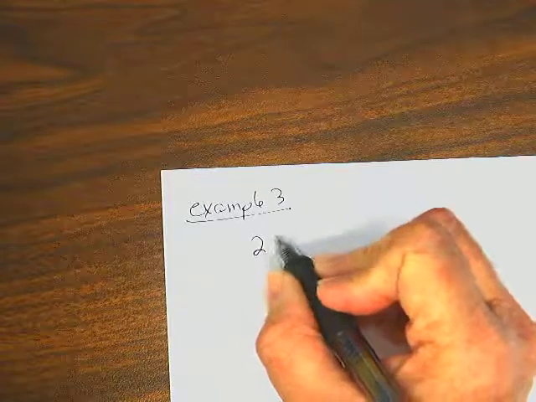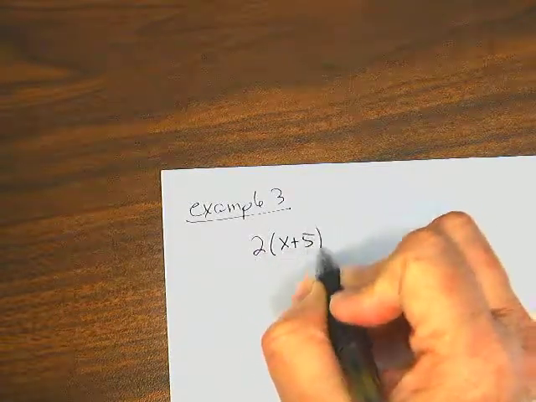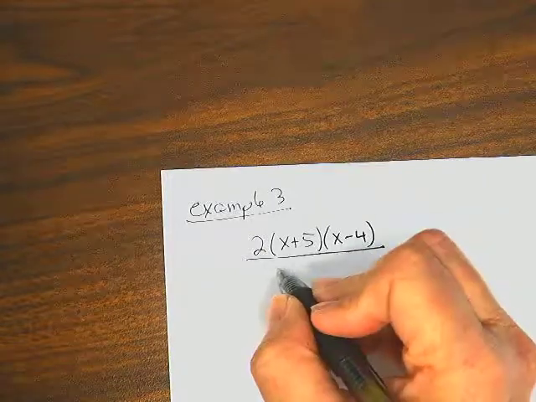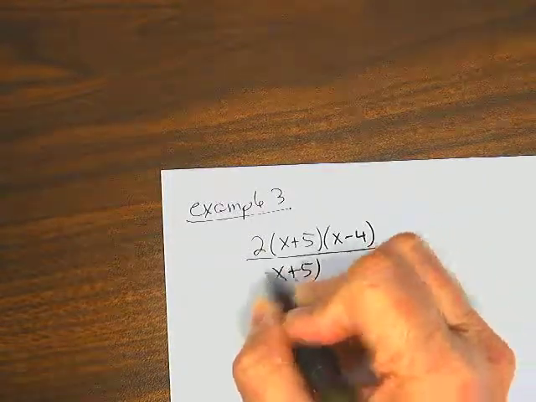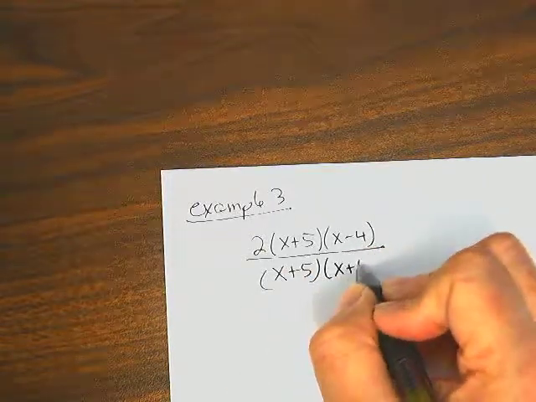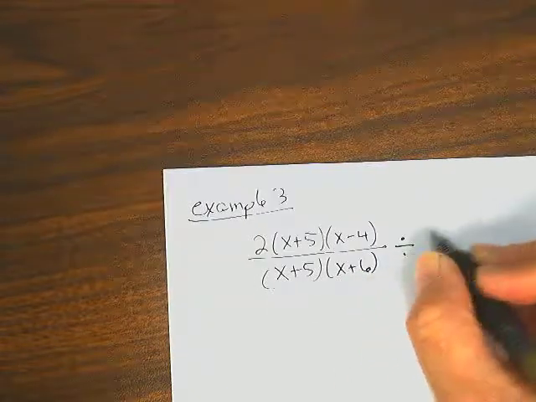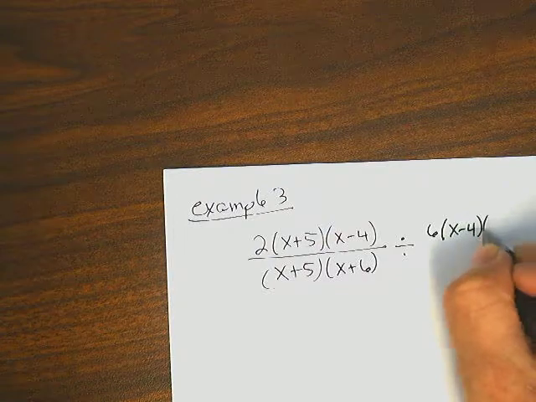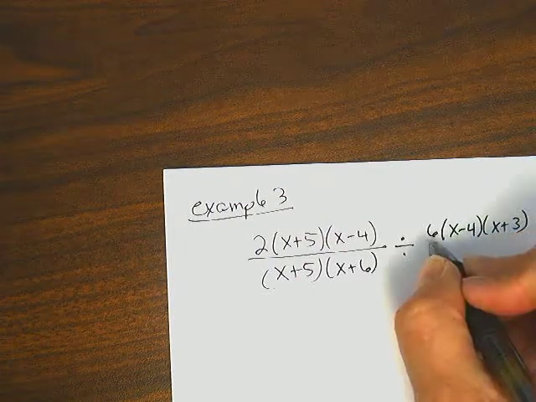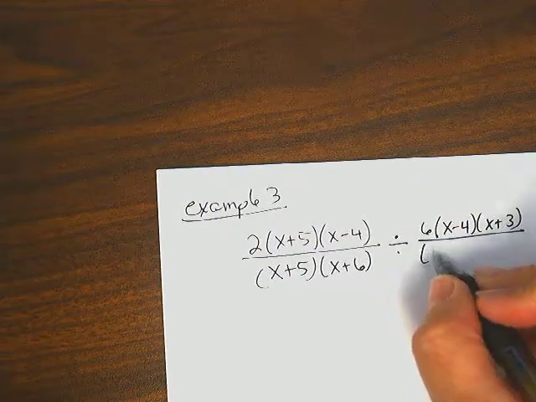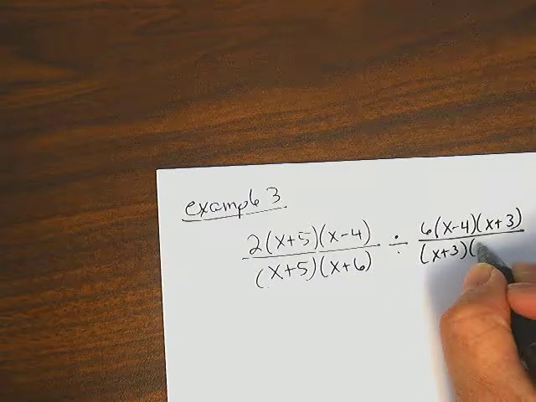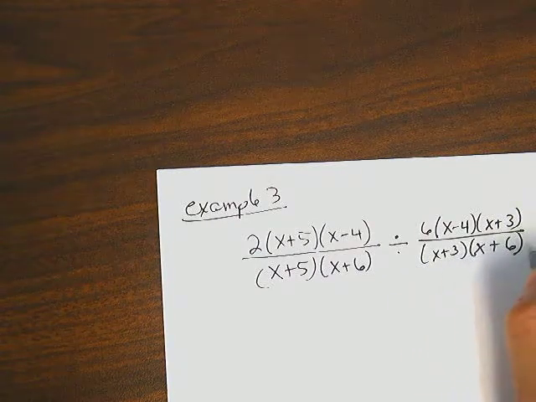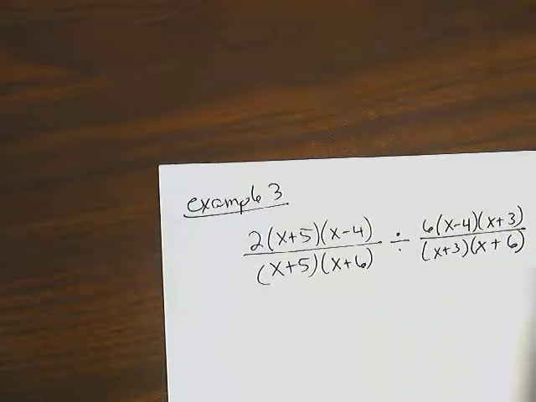So 2 times x plus 5 multiplied by x minus 4 over x plus 5 times x plus 6 divided by 6 times x minus 4, x plus 3 divided by x plus 3 multiplied by x plus 6. Ugh, a lot of stuff there.